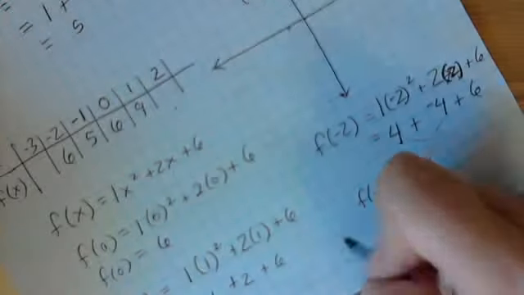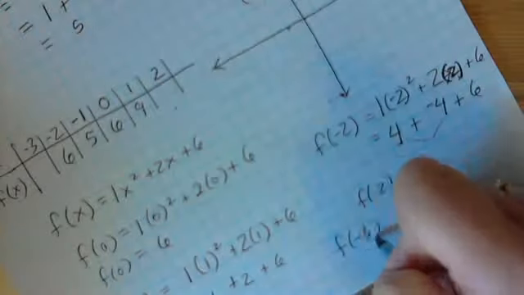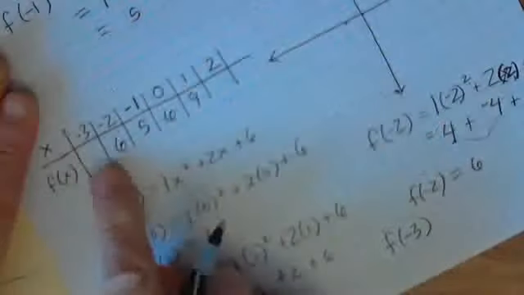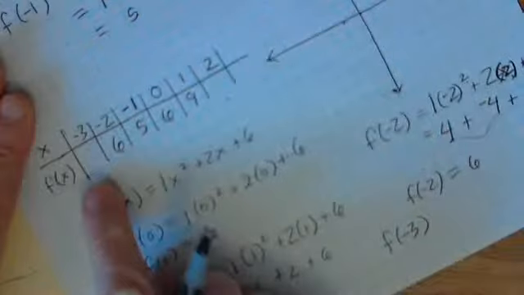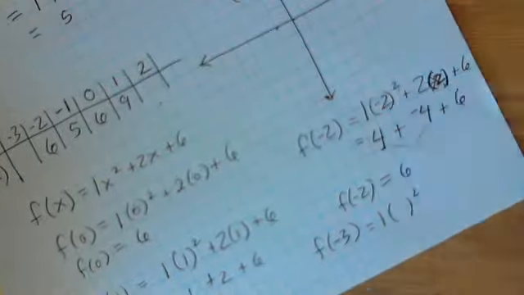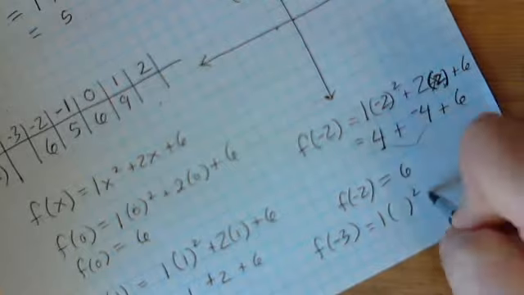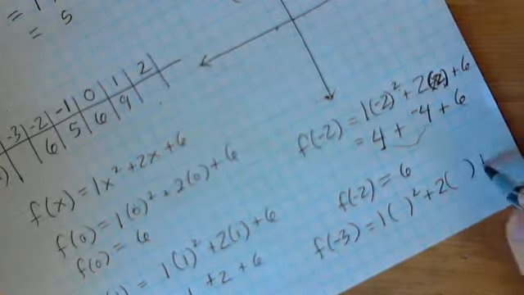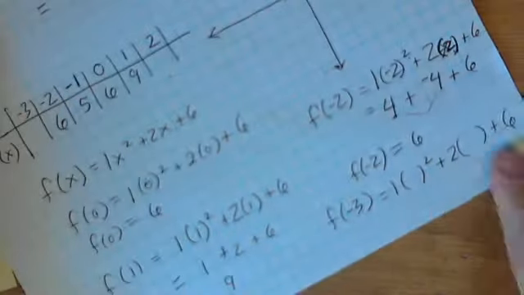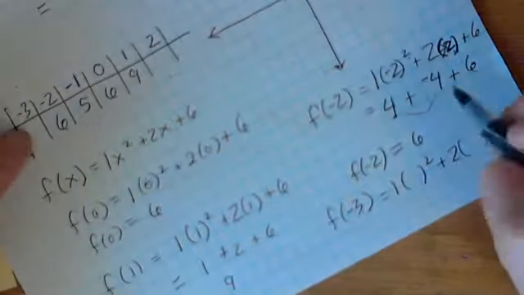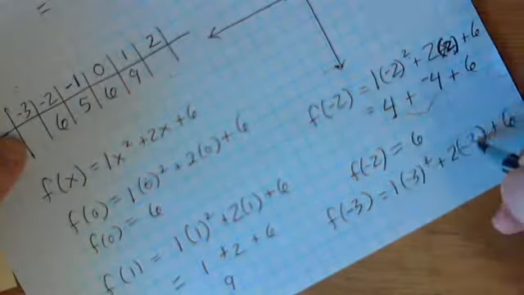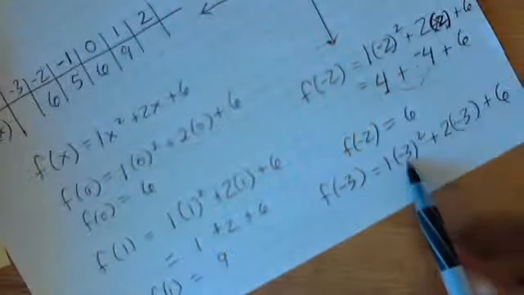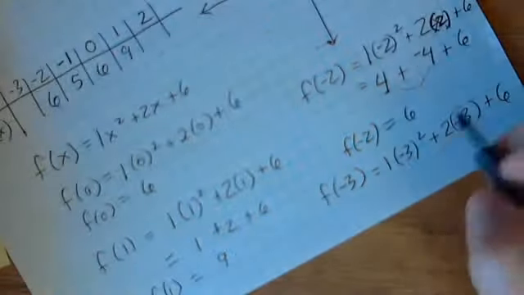We shouldn't have to do more than one more. We're going to put in the negative 3 now. So now again, it's 1 times where x was, put a pocket, plus 2 times where x was, put a pocket, plus 6. So it's the same function over and over again, and this time we're putting in the negative 3 from the t-table. Negative 3 squared is 9.